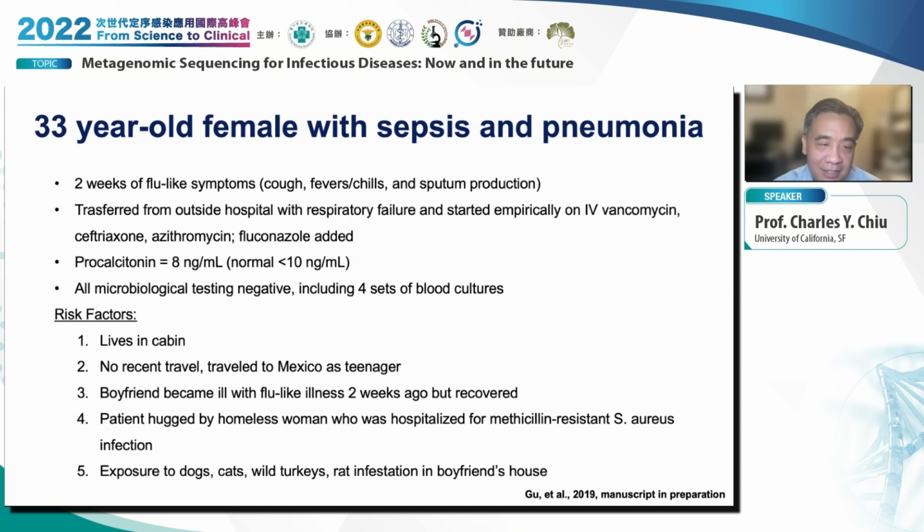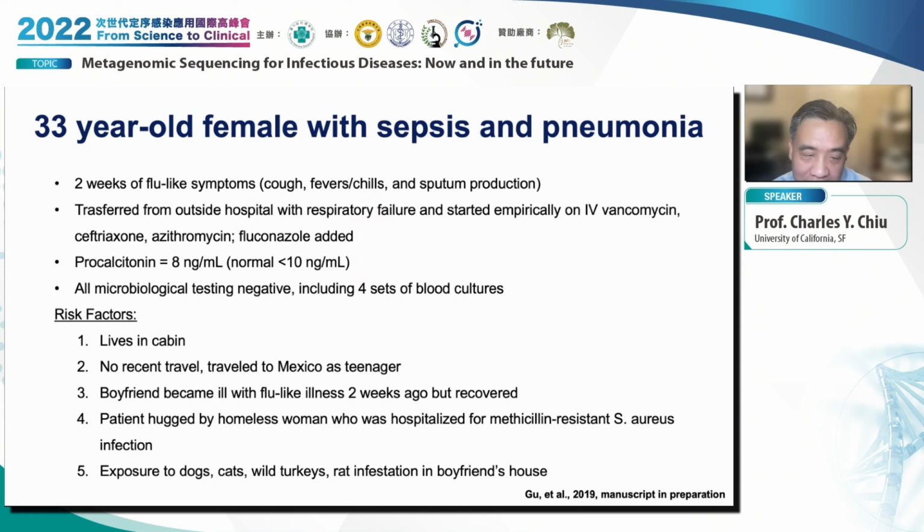And she actually had some risk factors that potentially suggested a wide variety of potential infections. One is that she lives in a cabin. She had no history of recent travel, although she had traveled to Mexico as a teenager. Her boyfriend had become ill with a flu-like illness about 2 weeks prior to when she became ill, but had recovered, and no diagnosis was made in his case.